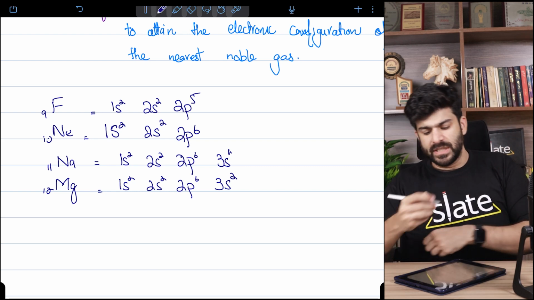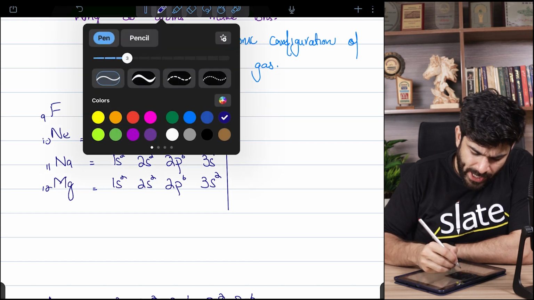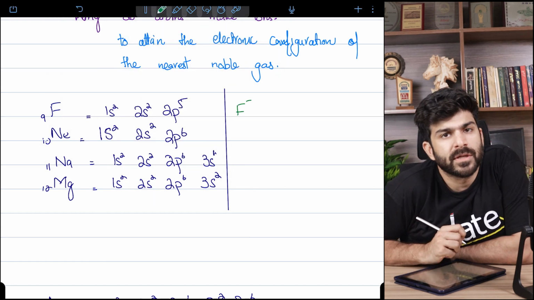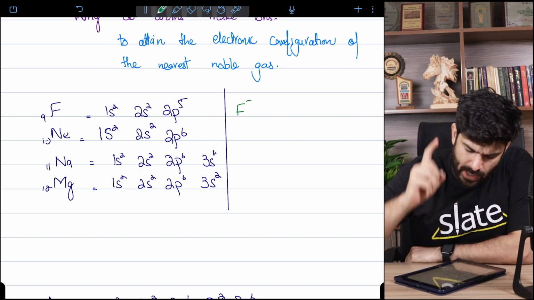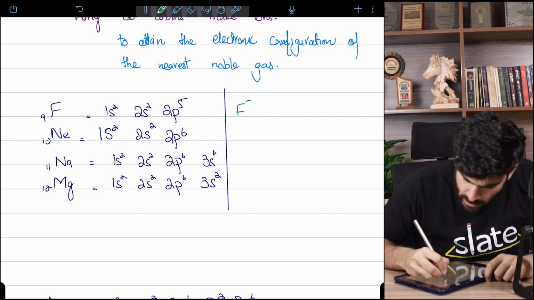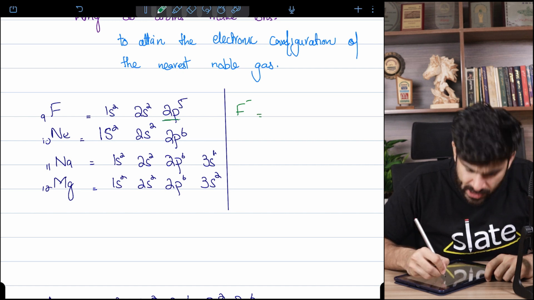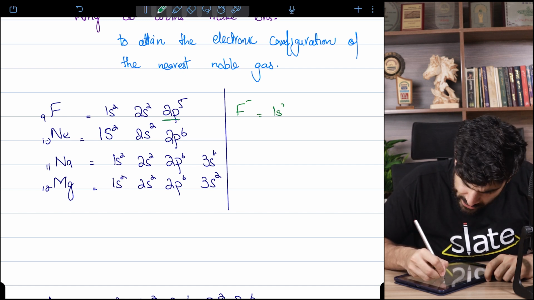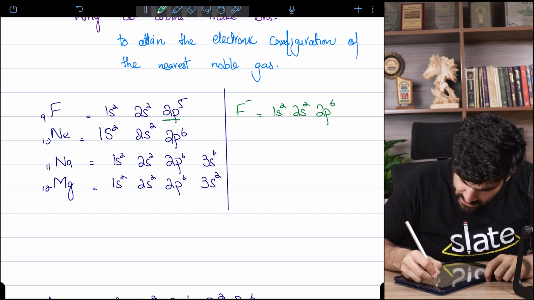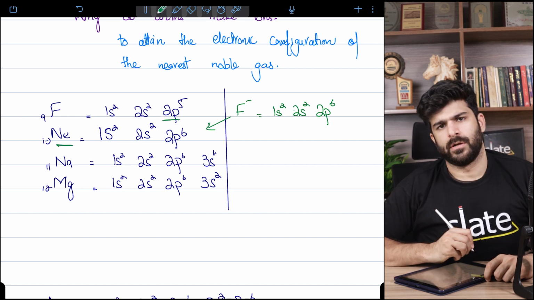Now we know, since fluorine is in group 7, it makes a fluoride ion, F-. That is something we know about. But how does it make F-? By gaining one electron. So when we gain an electron in this electronic configuration, this would be 1s2, 2s2, 2p6. Now this is the exact configuration of neon.